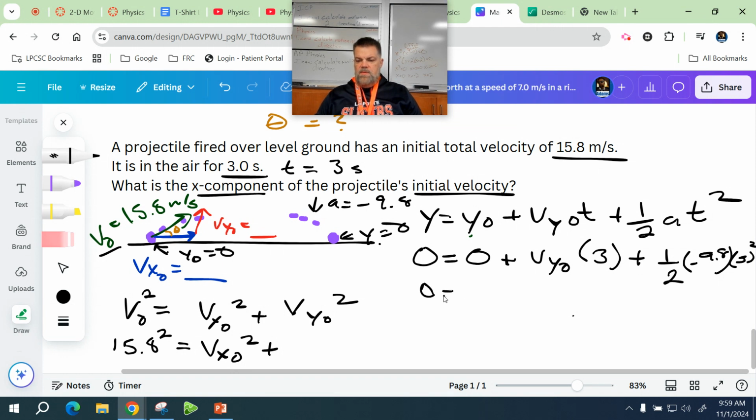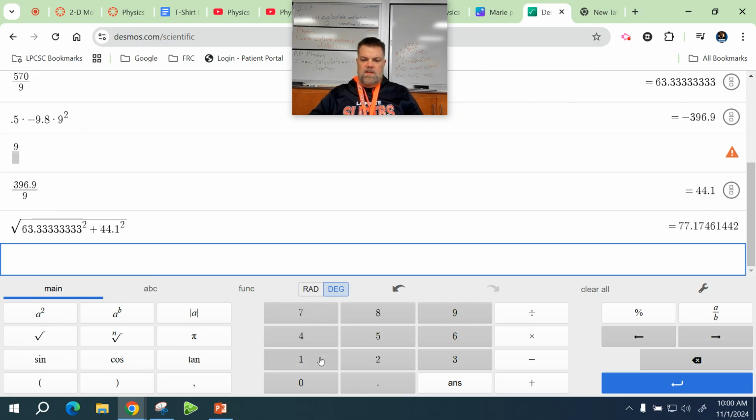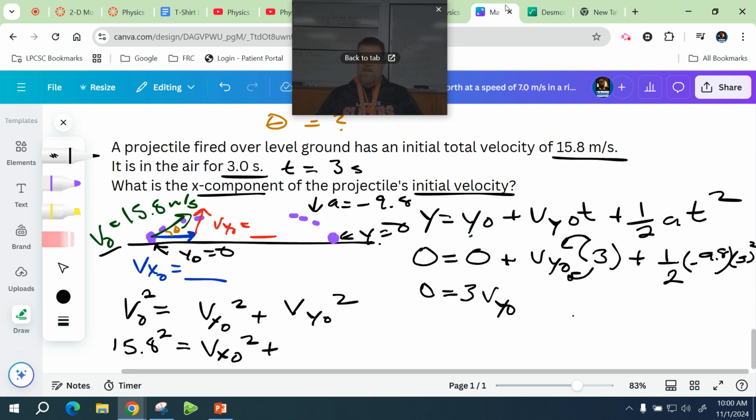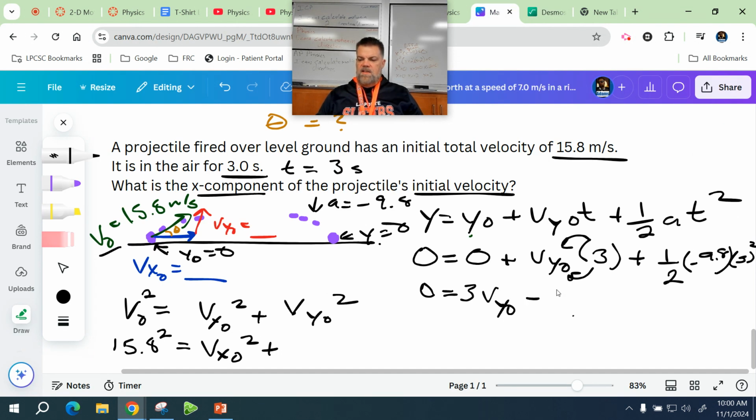So we got 0 equals, and I'm going to flip-flop these. 3 times the initial velocity in the y direction, and then I have to do the math on this, which would be 0.5 times negative 9.8 times 3 squared, negative 44.1. Oh, that's interesting. That's what we had last time. So that is negative 44.1.